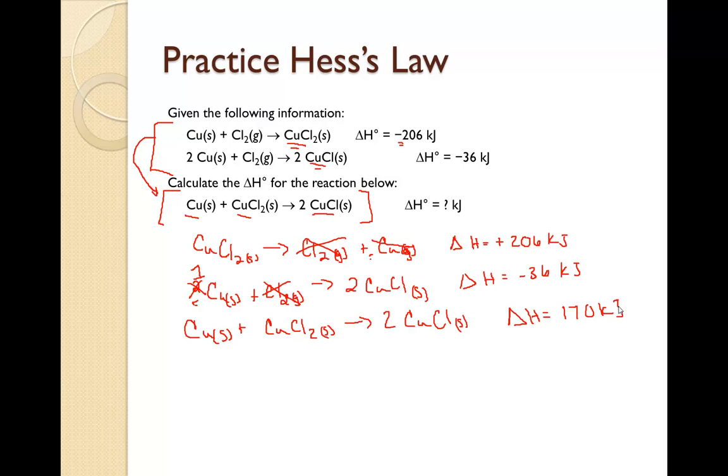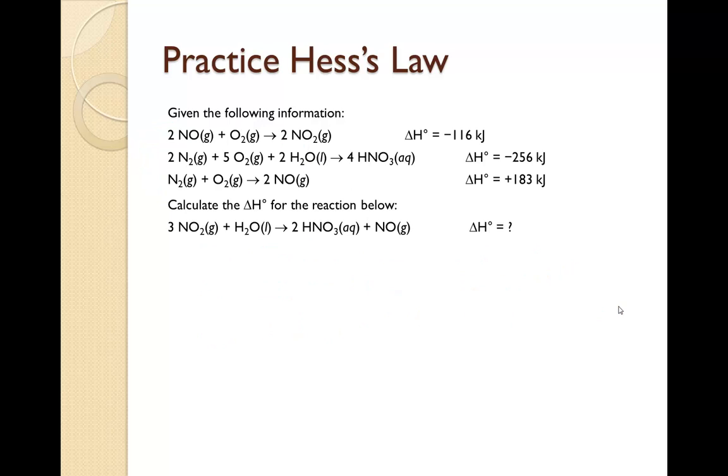That was a fairly easy one. Let's take it one step further and do a harder one. Alright, so we have NO2 here. We have NO2 here. Is that the only place you find NO2? And it looks like a yes. So we want to keep that as is. So this is on the left, this is on the right, so we're going to flip it around.